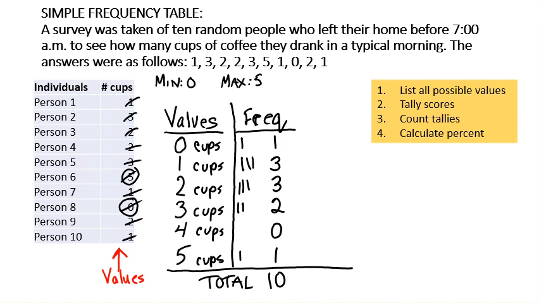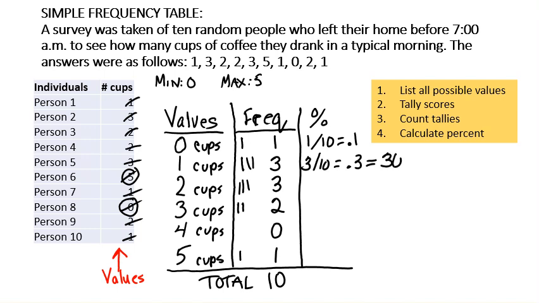And the last thing we do then is calculate percents. And we do that by taking each number divided by the total. 1 divided by 10 equals 0.1. 3 divided by 10 equals 0.3. And by the way, that's the same as 30%. 3 divided by 10 again.